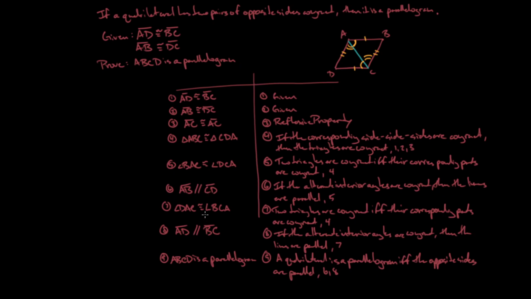Once I had done that, it was just my definition, which says that if both pairs of opposite sides are parallel, then it's a parallelogram. This is one of the 5 ways that we'll learn to prove that a quadrilateral is a parallelogram. Pretty straightforward, not too bad, and now we can use it moving forward.